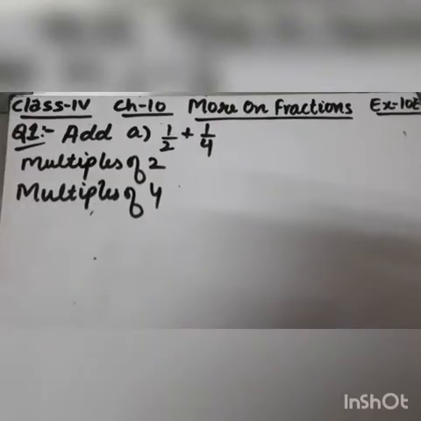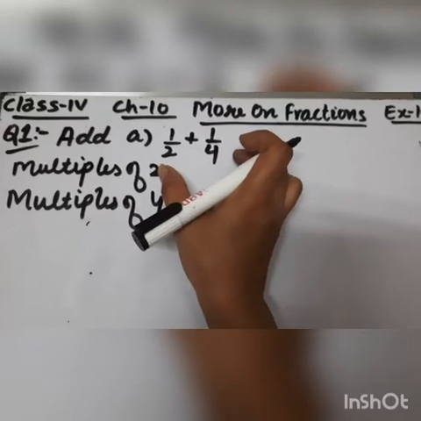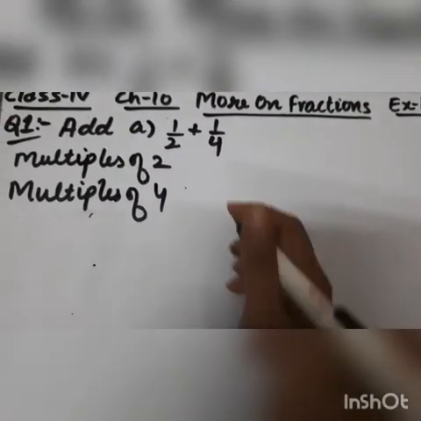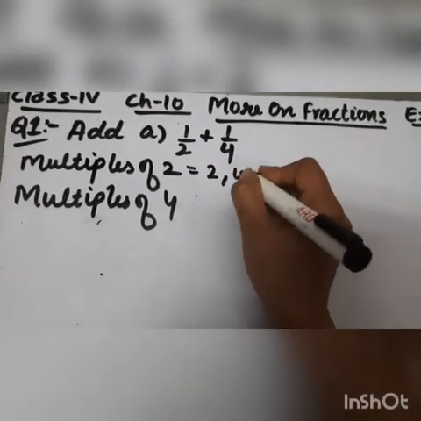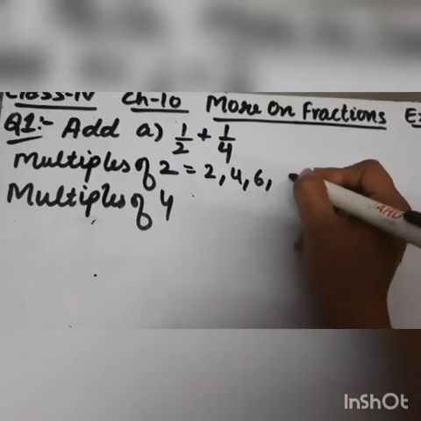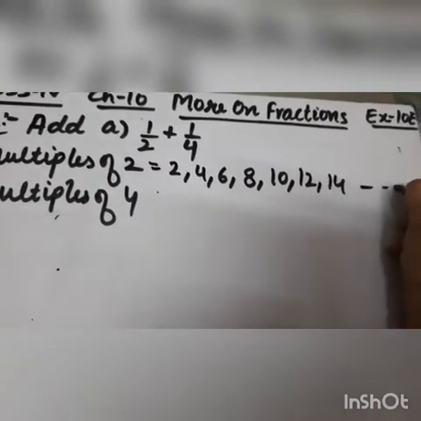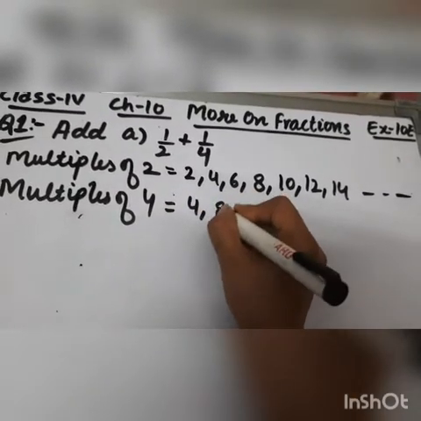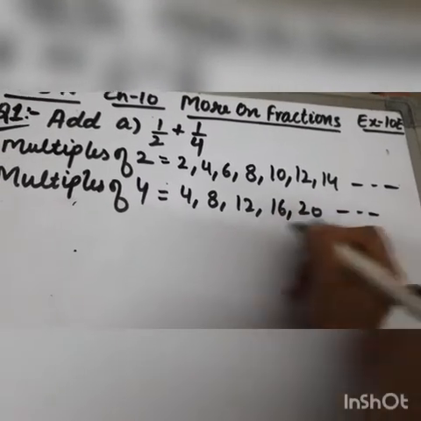Second method is we find the least common multiple of the denominators and make the denominator of both the fractions equal to the least common multiple. Okay, so first of all, we find the multiples of 2. 2 ones are 2, 2 twos are 4, 2 threes are 6, 2 fours are 8, 10, 12, 14 and so on. These are multiples of 2, and multiples of 4 are 4, 8, 12, 16, 20 and so on.